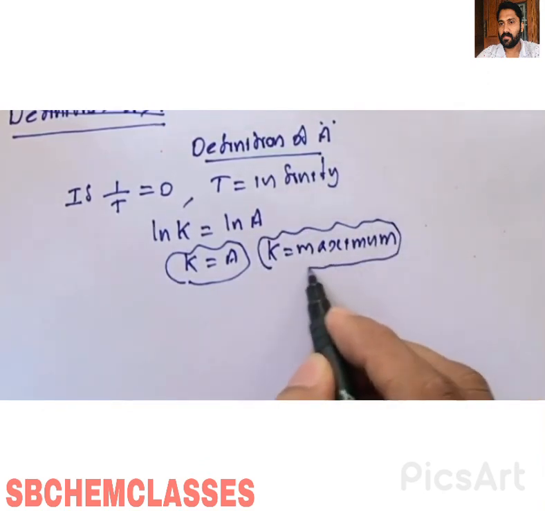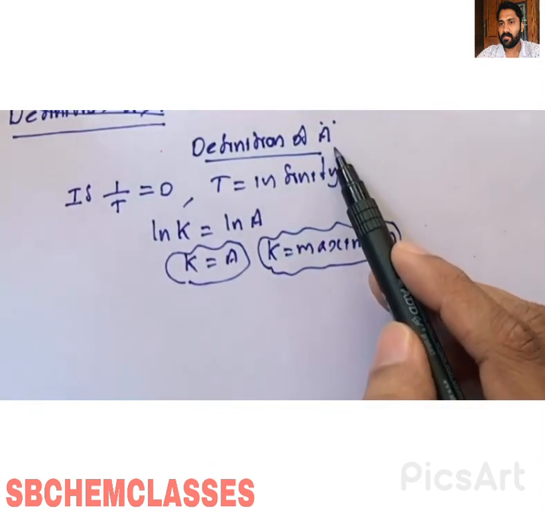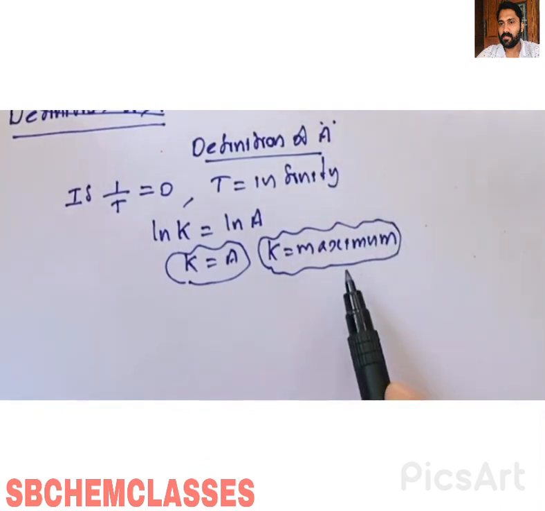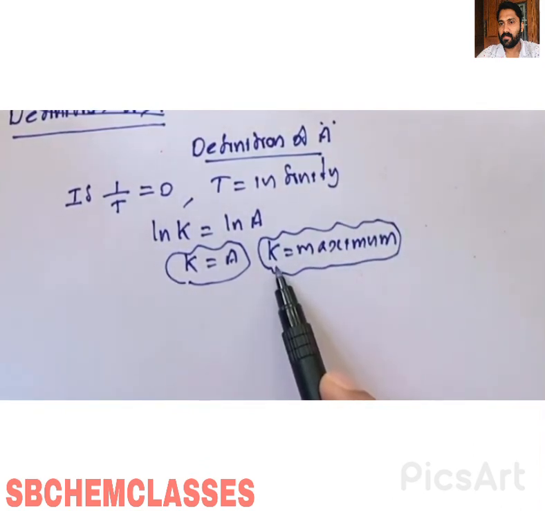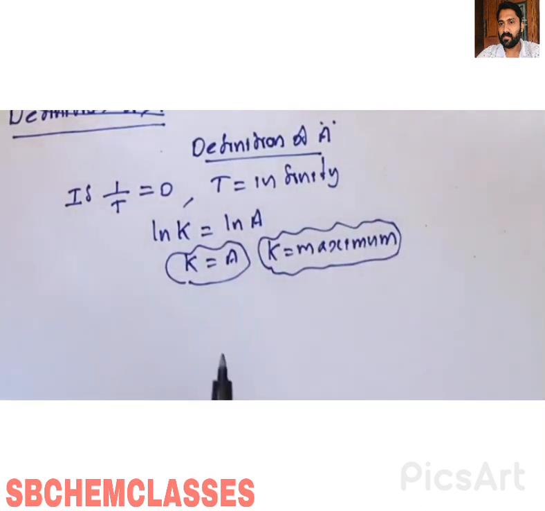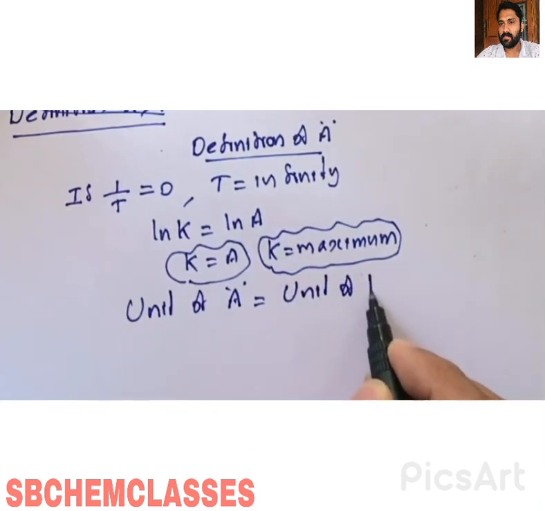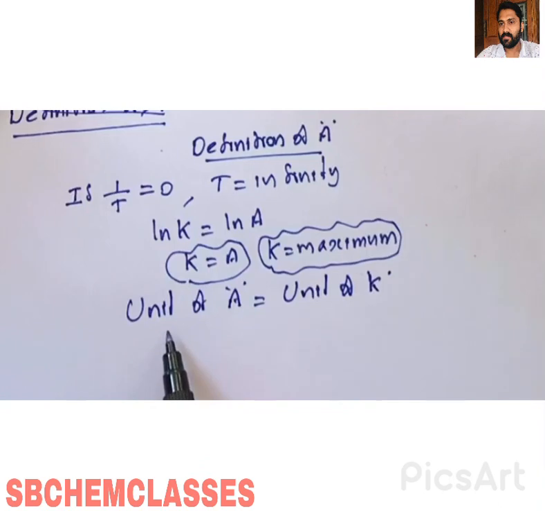As temperature increases, K increases. So we can define A like this: the Arrhenius constant is the maximum rate constant of a reaction when temperature is infinity. So the unit of the Arrhenius constant will be the unit of the rate constant.